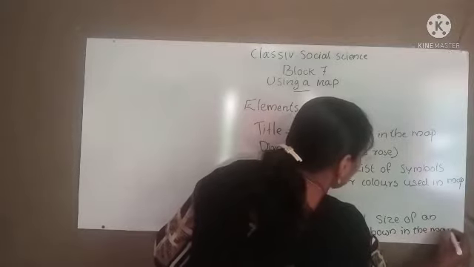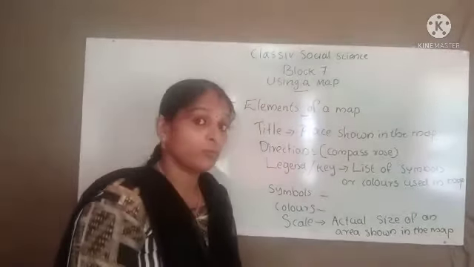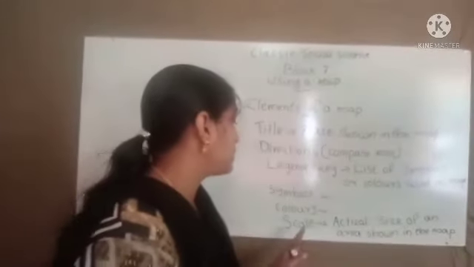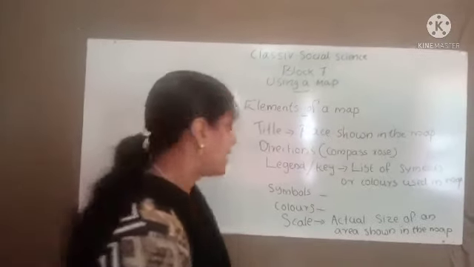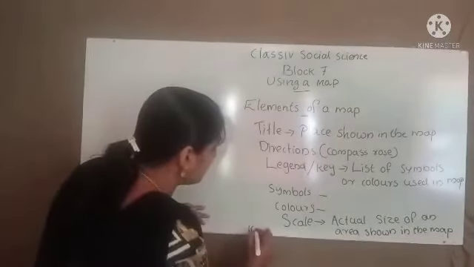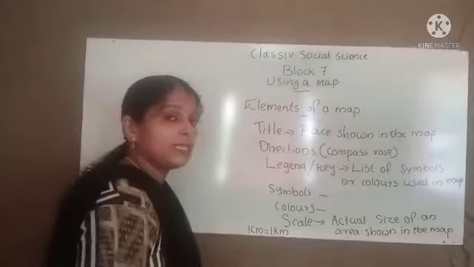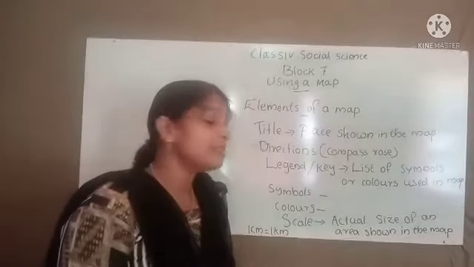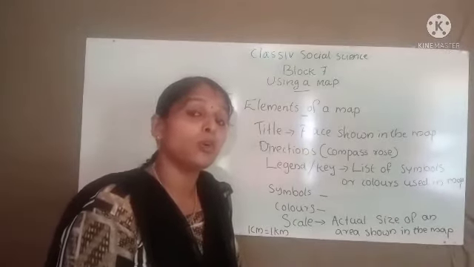The people who make the map use scale. Which type of scale do they use? They use 1 centimeter is equal to 1 kilometer. This is the way they reduce the size of an area. That means the scale tells us the actual size of an area shown in the map.